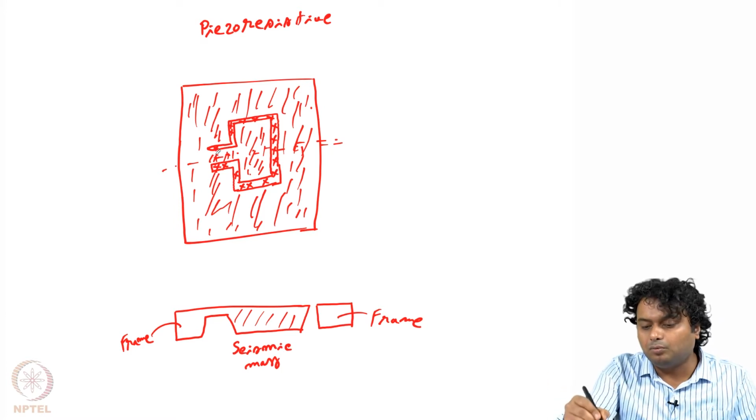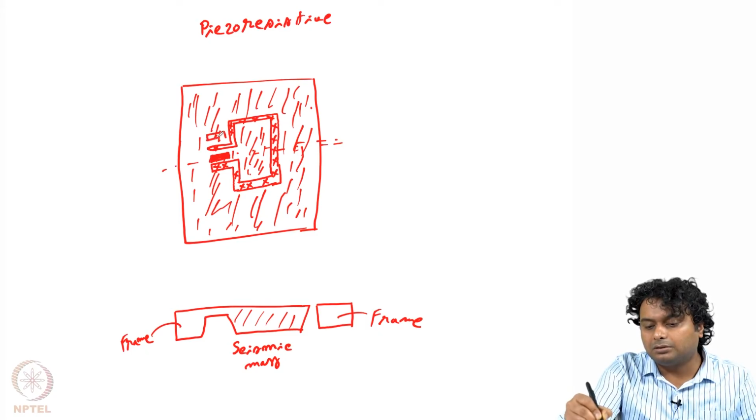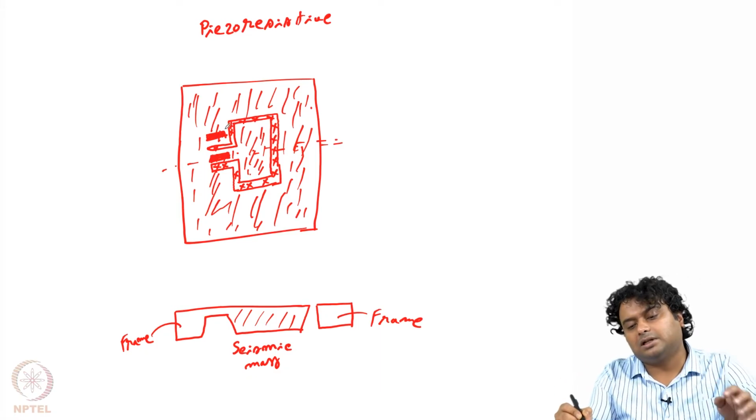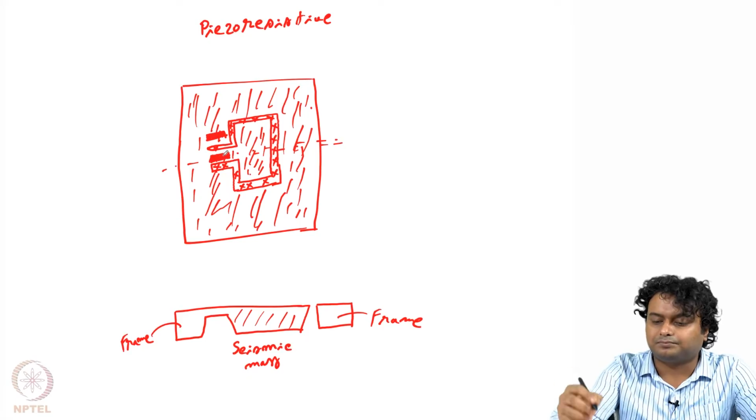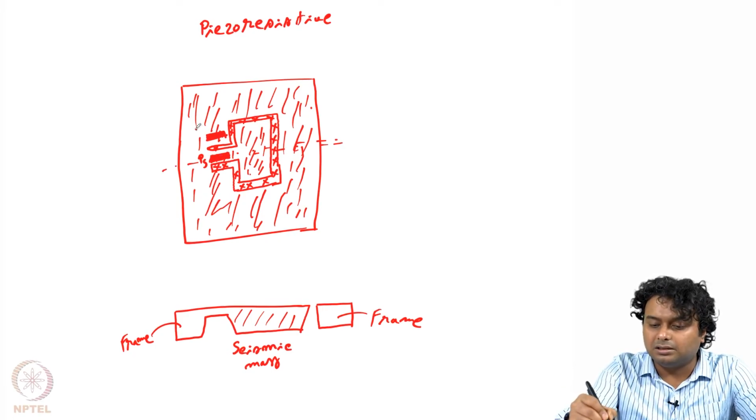And what we do, we put two piezoresistors, one piezoresistor here and another piezoresistor, let us say here. One is on the moving part at the seismic mass junction, and the other is on the frame. This is P sensing and this is P reference.